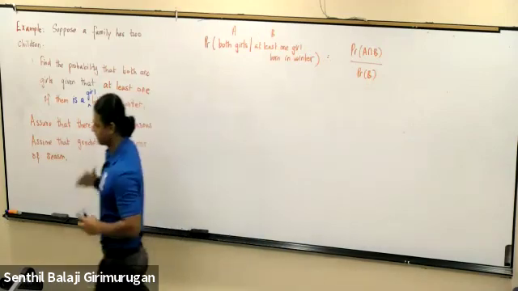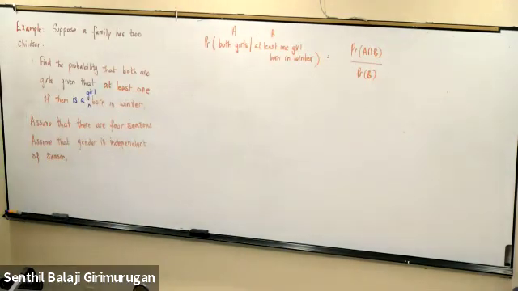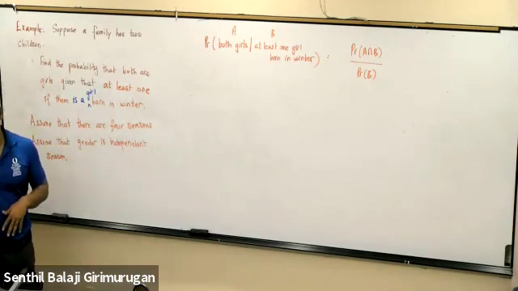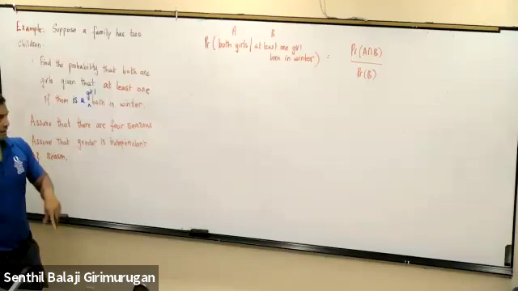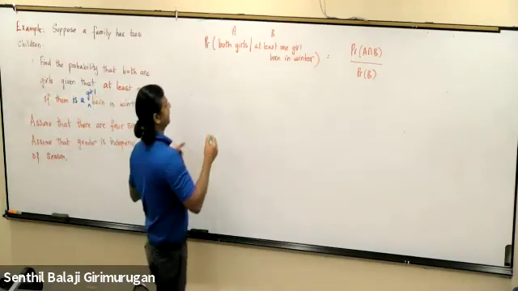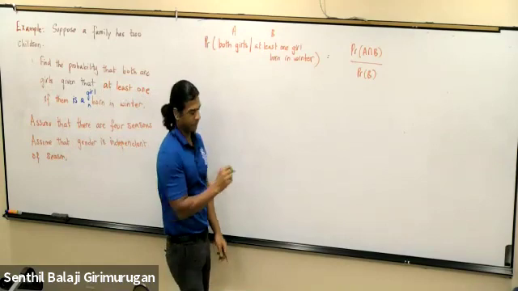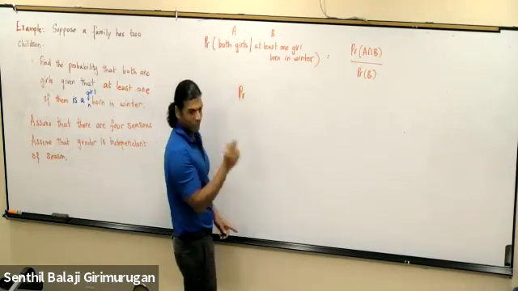So probability that both are girls, given at least one girl is born in winter, is equal to the probability that both would happen divided by the probability of B. So first we've got to find the probability that at least one girl was born in winter. Well, what is the complement of B? Don't tell me B complement, even though it's correct.